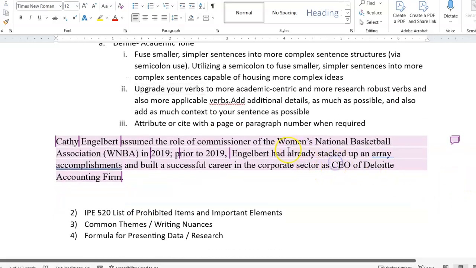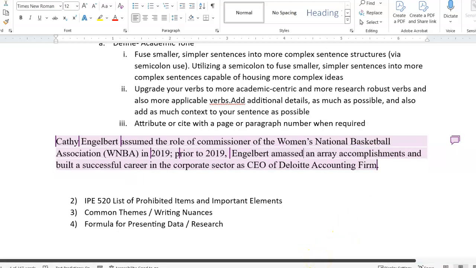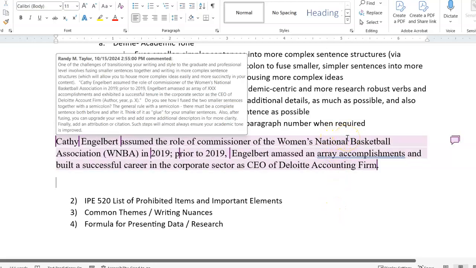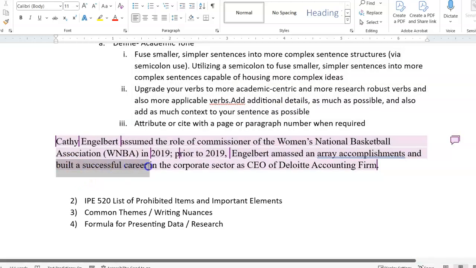There's a simple way to eliminate these simple words with a more impressive upgraded primary verb, "amassed." Engelbert amassed an array of accomplishments and built a successful career.